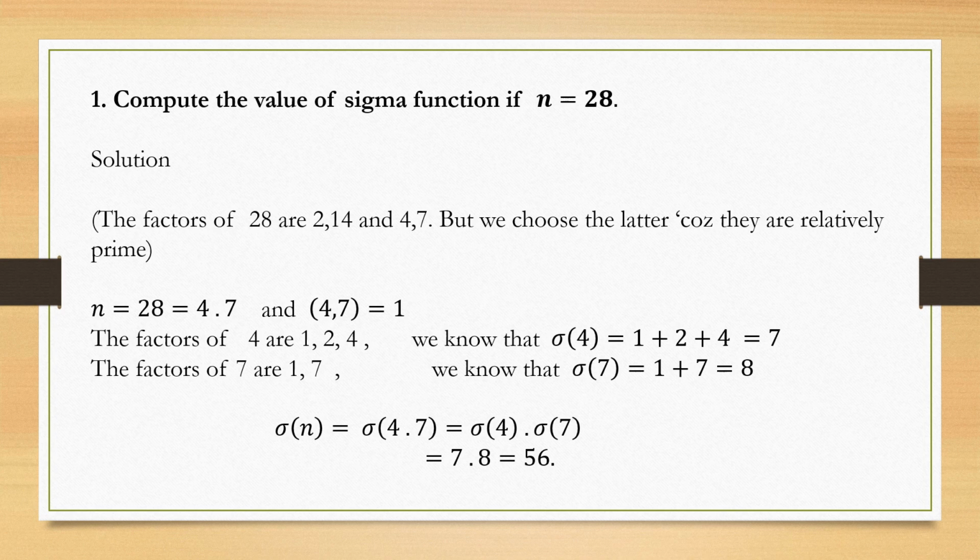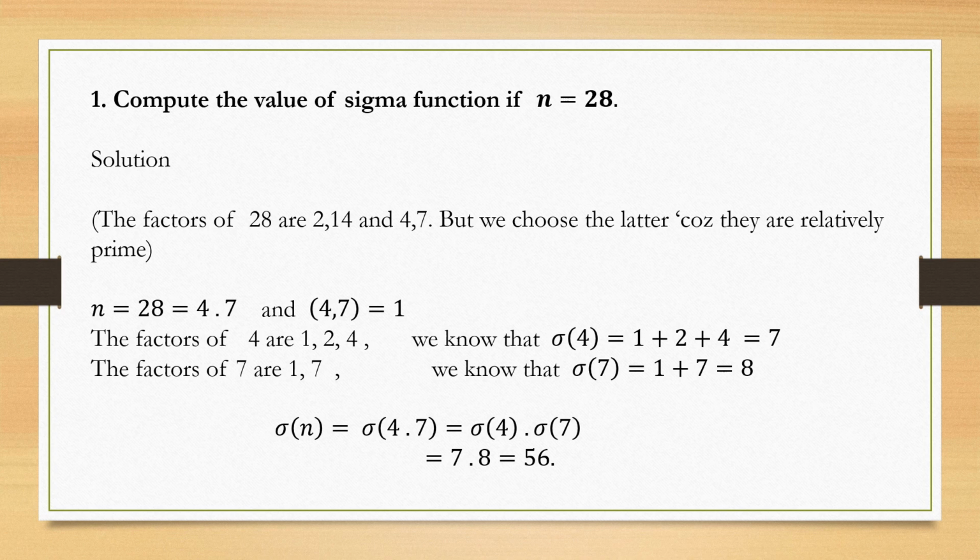So 1 plus 2 plus 4 is 7. The factors of 7 are 1 and 7. Sigma of 7 is 1 plus 7, which is 8. For 4 I got the answer 7 and for 7 I got the answer 8.